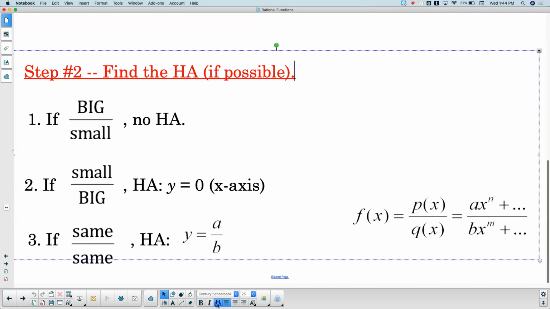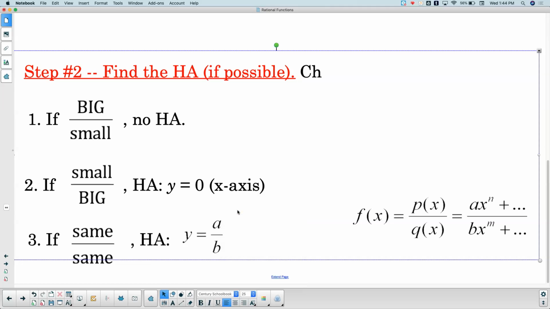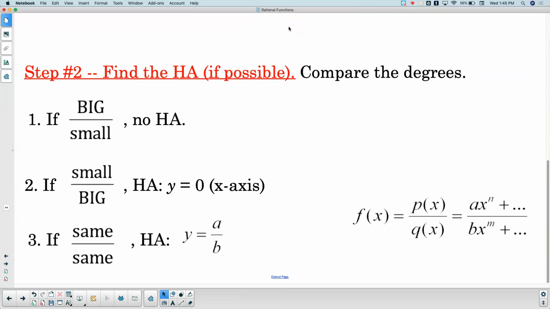And so then what we're going to say is check the degree. Or not so much check. No, let's compare. Not quite sure why, whenever I have to go to type and I'm recording, it always stops the recording. So let's say compare the degrees there. Okay?